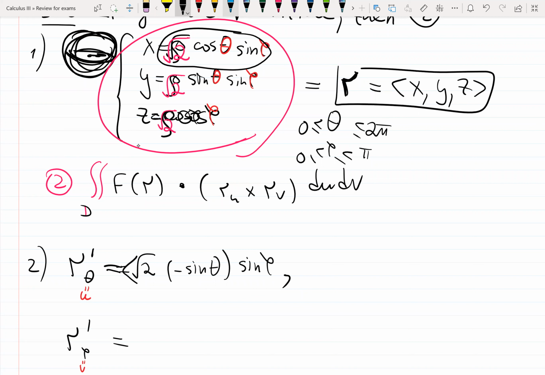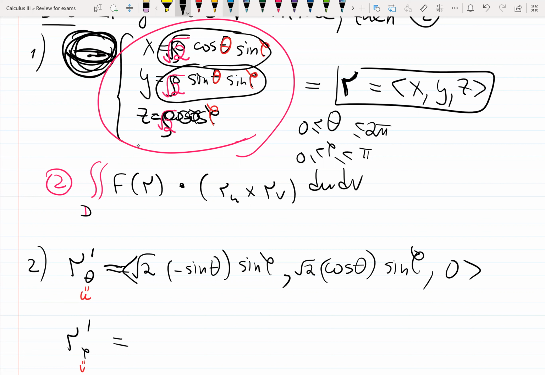Remember, it's going to be a cross product. Cross product is a vector product. To have a vector product, you should have 2 vectors. So don't do plus, don't do a function, it's a comma, comma. Y with respect to theta, looking over here, square root of 2 cosine theta, sine phi. Z with respect to theta is 0, there's no theta there.